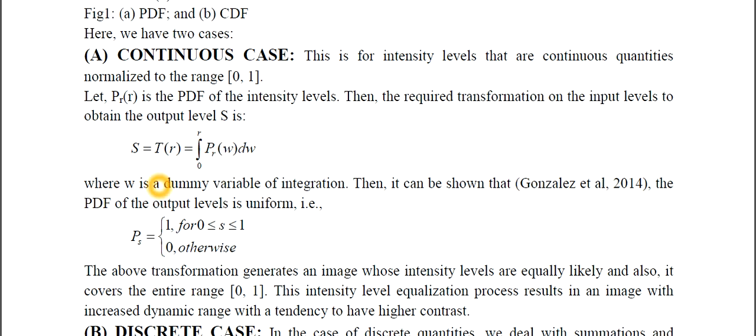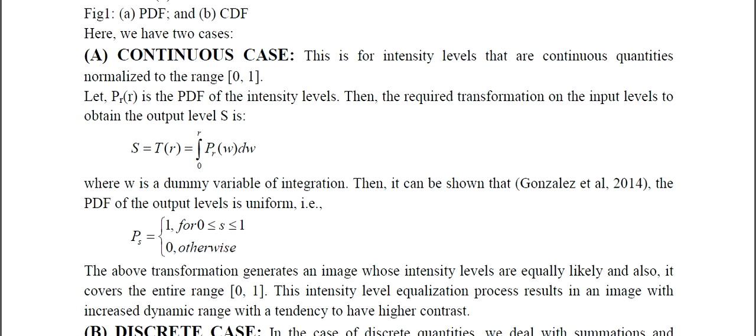Here w is a dummy variable for integration, and it can be shown that the PDF of the output level will be uniform. That is, p_s(s) is equal to 1 for s greater than or equal to 0 and less than or equal to 1, and 0 otherwise.